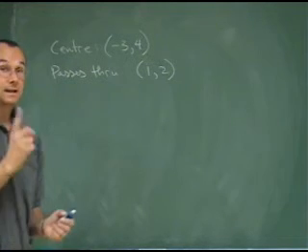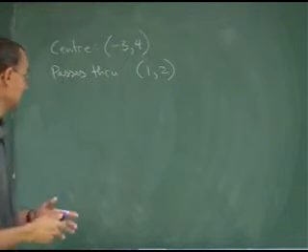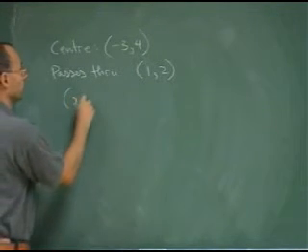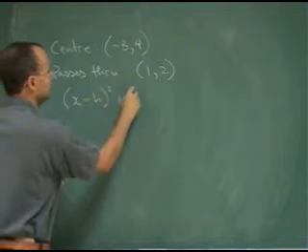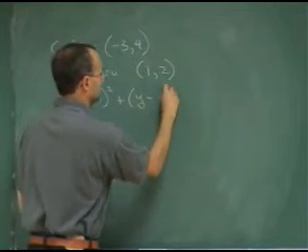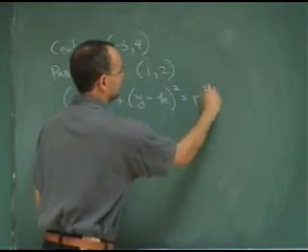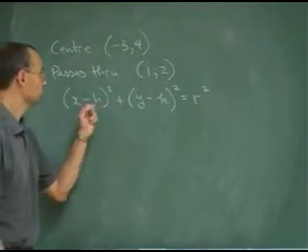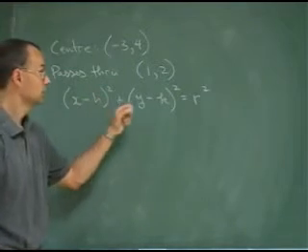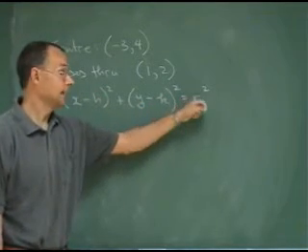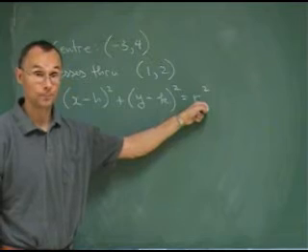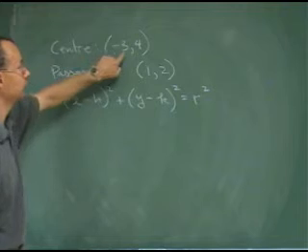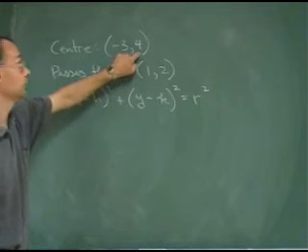Well, most of it is given away right off the bat. Let's start off with our standard form, our template, which is this. I look at that and I go, hey, there's only the h, the k, and the r squared that I don't know. Three things. Two of those things are just a matter of reading it off from the center.